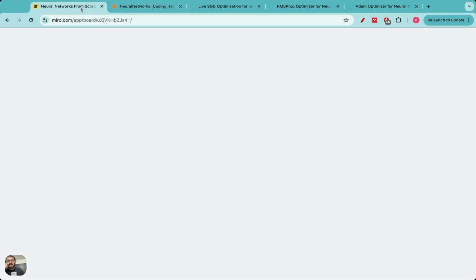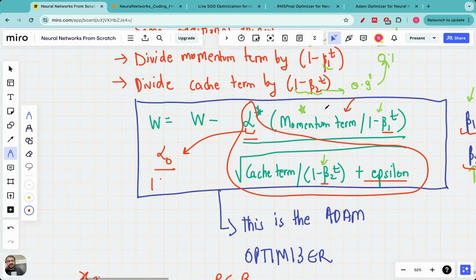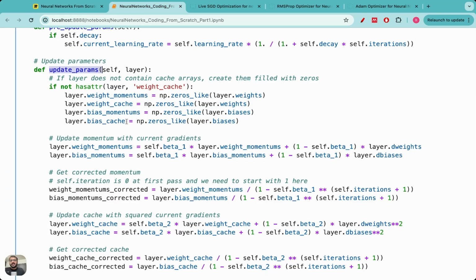So there are two things which we need to keep track of. There is this numerator, which is the momentum term, and there is the denominator, which is the cache term, right? So for every weight and for every bias, we will have a momentum term in the numerator, and we will have a cache term in the denominator. So first we create empty matrices.